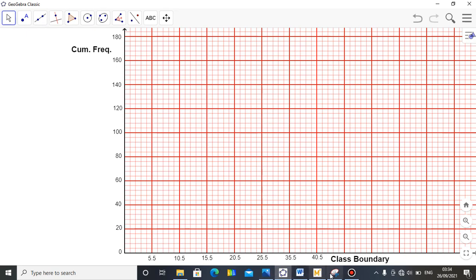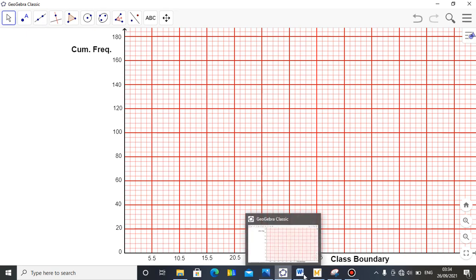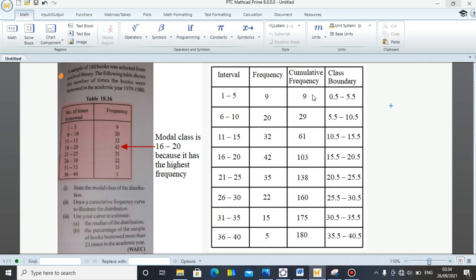So I have my table. Let's look at the table again. The first value here is 9. When the cumulative frequency is 9, the class is 0.5 to 5.5. So let's locate this on the graph.